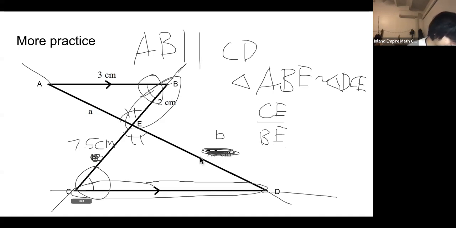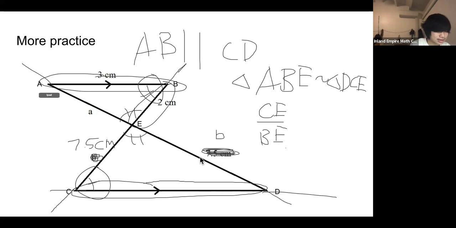The reason those two sides correspond is because they're in the same position. This side is in between this angle, let's call that the two-line angle, and the one-line angle. So because of that, the ratio between those two sides is going to be the same as the ratio between this side and this side.